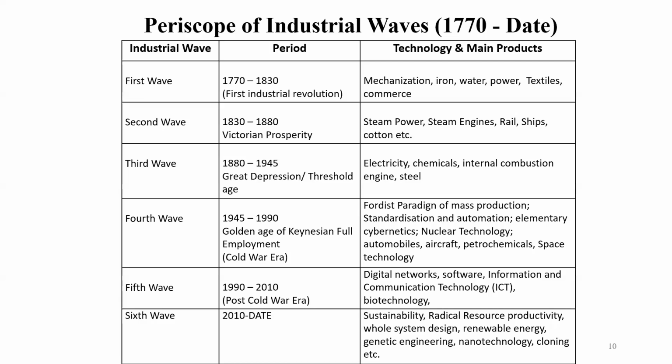Now, between 1990 and 2010, we call it the post-Cold War era. That was when we began to have digital networks, software, information and communication technology, biotechnology. Of course, the computer has been around well before that time, but the computer you had then is not exactly the same as the kind of computer you have today.